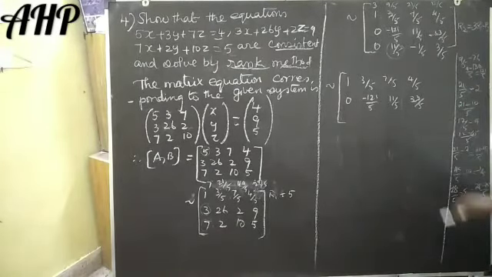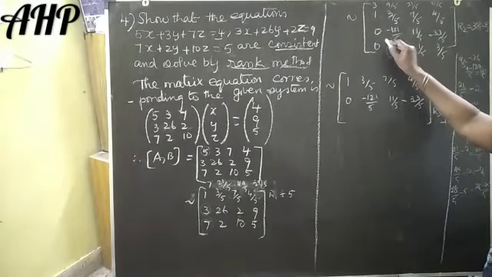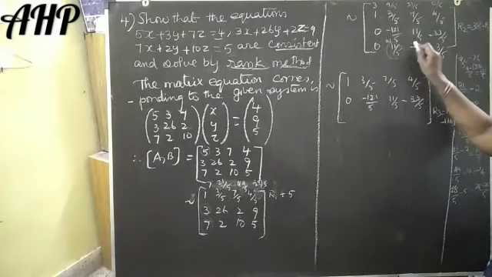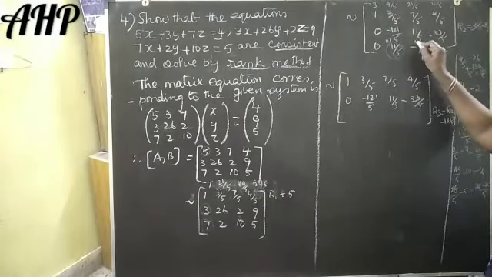So here R3 is equal to R3 minus 11 R2. So you multiply this entire row by 11, you are going to get here 121 by 5. Here you are going to get 11 by 5. Here you are going to get 33 by 5. So this place will be 0. This also will be 0. This also will be 0. This also will be 0.